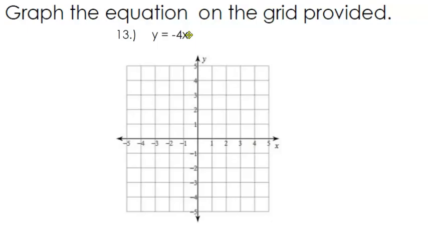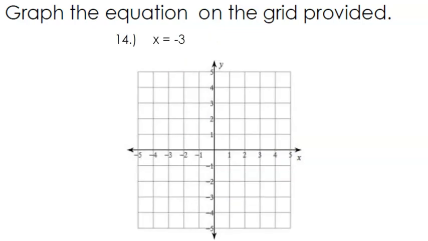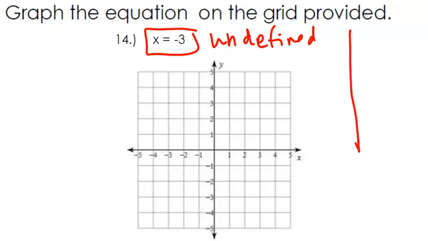Number 13 has no y-intercept, so that means it's 0. And then we're going to go down 4/1. I can graph the other side by going up 4 and left 1. Number 14 is undefined. Right? Like undefined because it's missing the y. So I'm going to touch only the x-axis at -3, and I should be vertical.